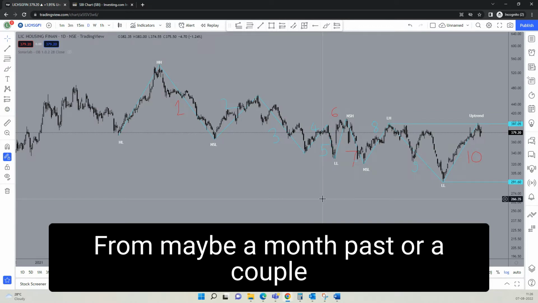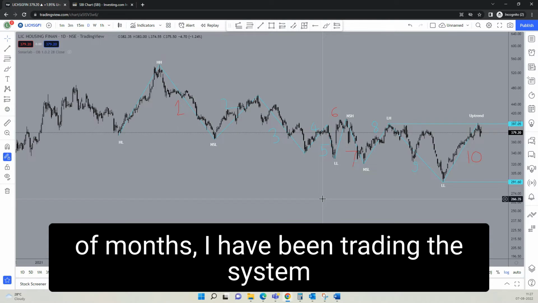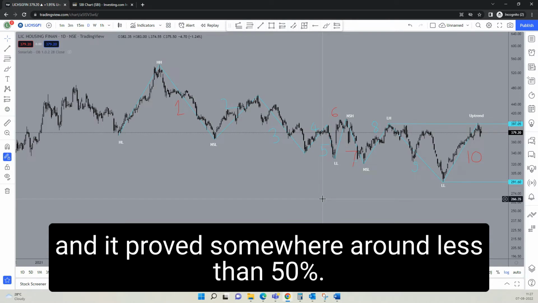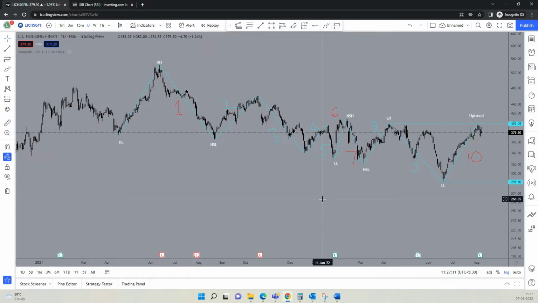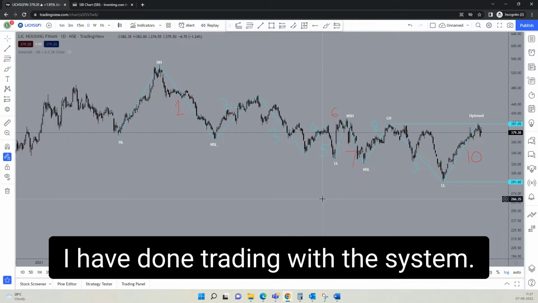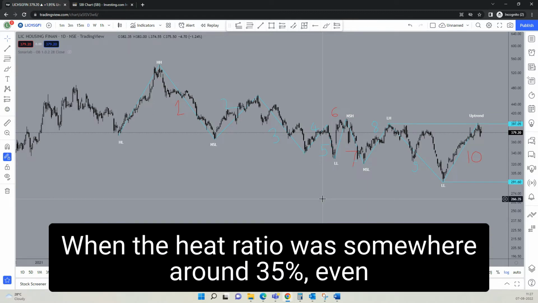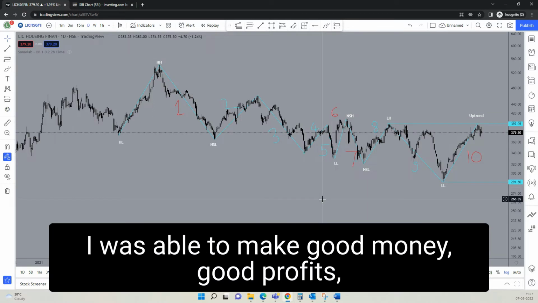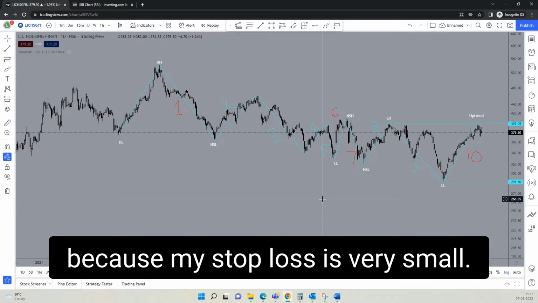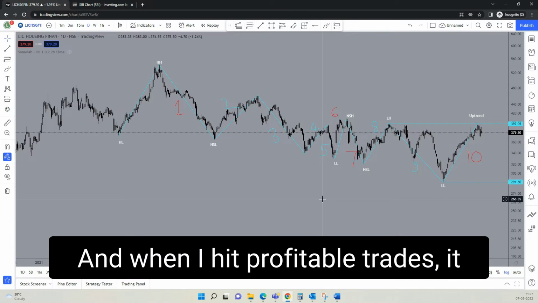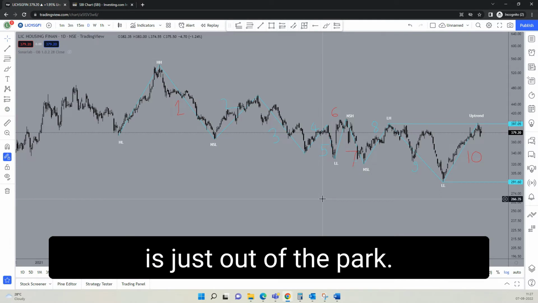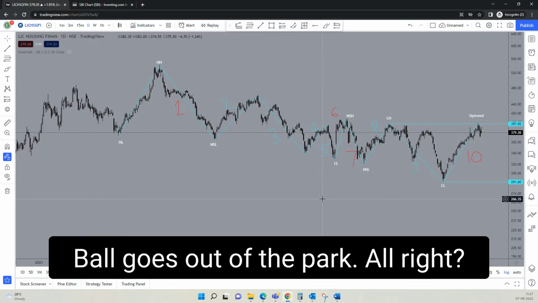For maybe a month or a couple of months, I have been trading this system and the hit ratio was somewhere less than 50%. Even then it is profitable. I have traded this system when the hit ratio was somewhere around 35%, and I was still able to make good profits, because my stop loss is very small. And when I hit profitable trades, the ball goes out of the park.